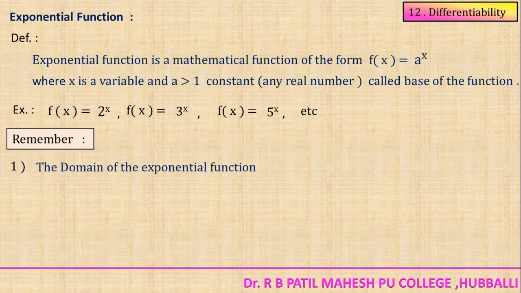The domain of the exponential function, that means what values of x we can take. You can take any real number here. This function is defined. That means when you substitute any x here, 0, negative, positive, and the base is any number greater than 1, you will get a real, well defined number.